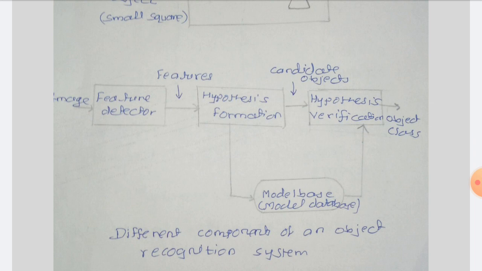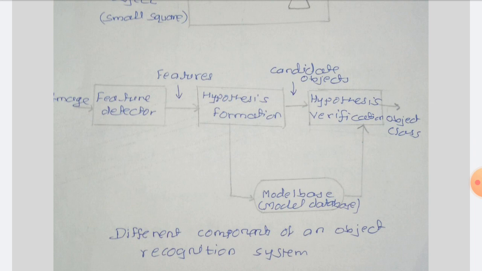Here we have three objects: circular, square and triangular. So we need to find some features from these objects which recognize exactly that this is a triangle, this is a square and this is a circle. So we can find the features based on size, color and shape.